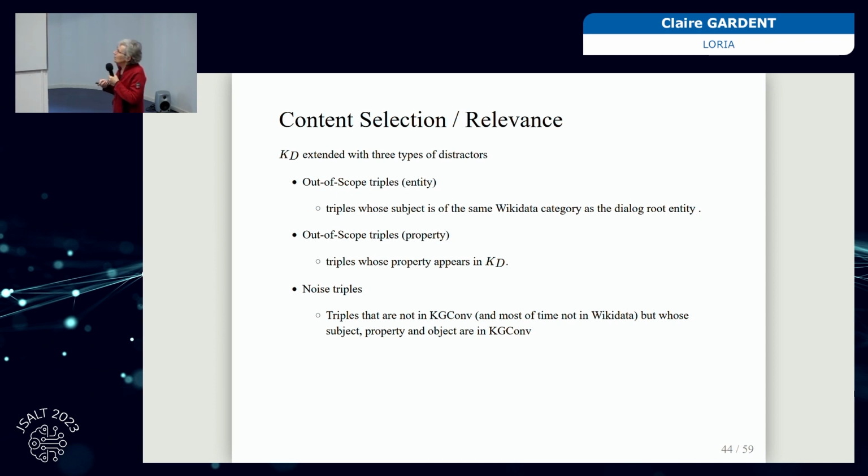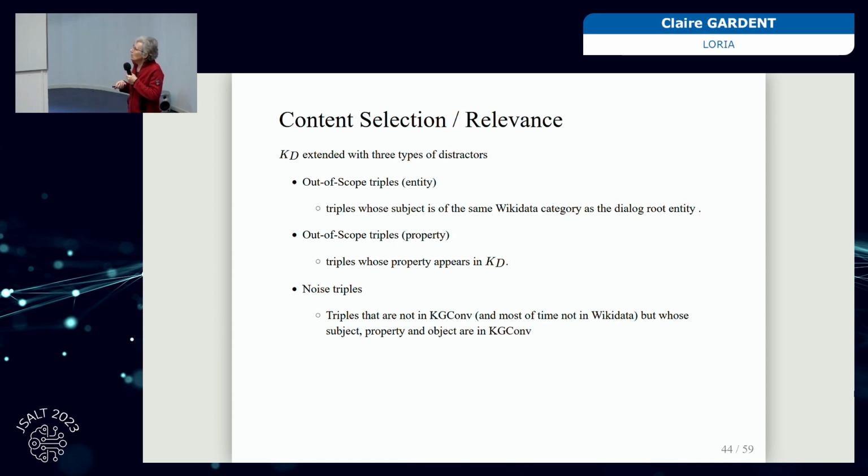So the first type of distractors are facts where the subject is of the same Wikidata category as the dialogue root entity, so the entity the dialogue is talking about. So the triples talk about entities that are similar to the entities the dialogue is about. The other one is the same thing with properties, so we take a property that is associated with the dialogue, but the triple is not relevant to that dialogue.